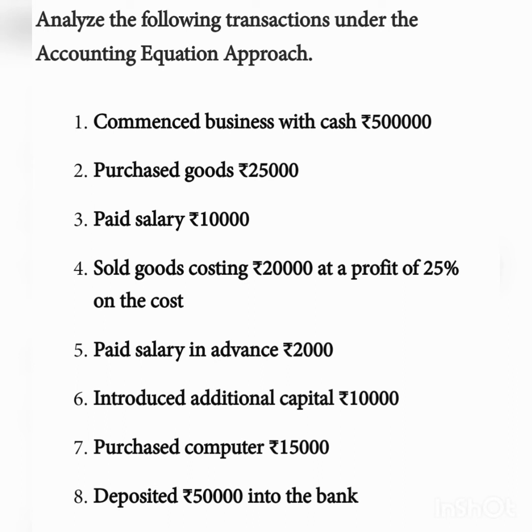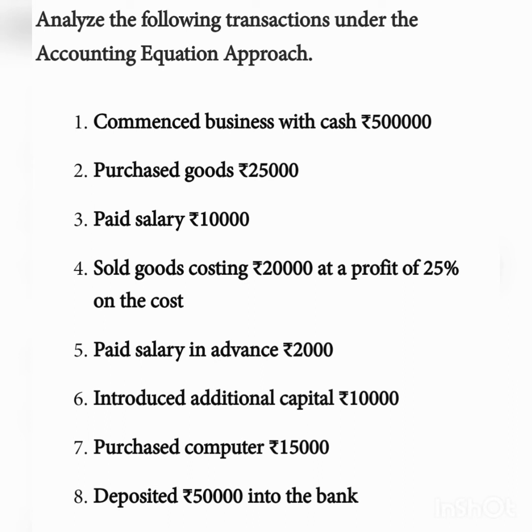Total amount equal to asset side total equal to 4,90,000. After entering salary under capital column, the net amount equal to 4,90,000. Then accounting equation is assets equal to liabilities plus capital. 4,90,000 equal to 4,90,000.